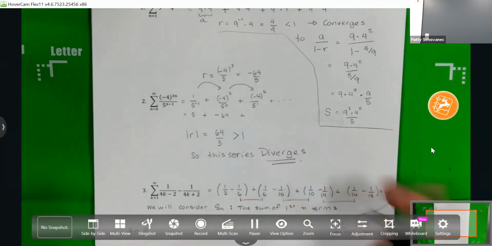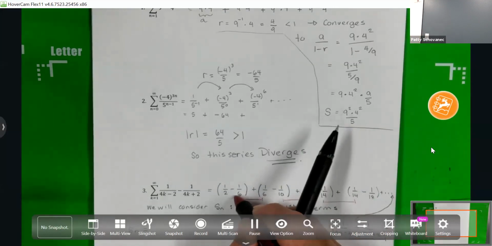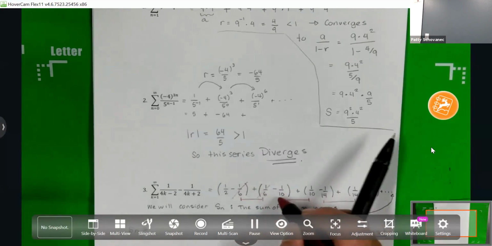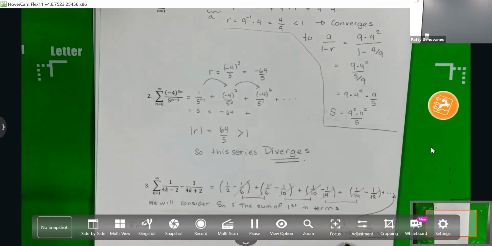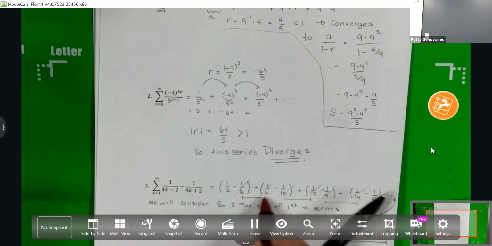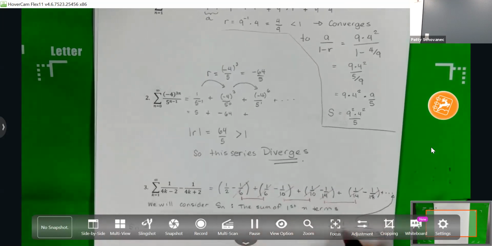The series itself goes on forever. That's what this says. But if I just truncate it right here and look at these, the pattern will continue all the way through here so that these inside terms will cancel each other out all the way down the line till I get to this nth term, and it looks like the first one should cancel.